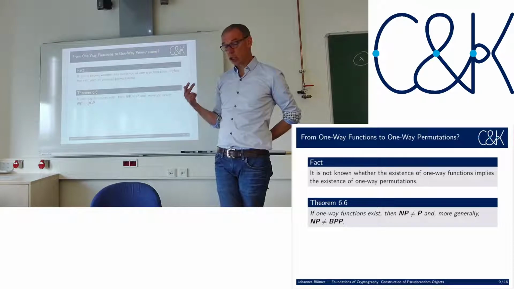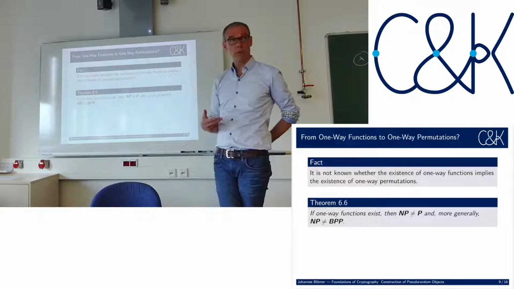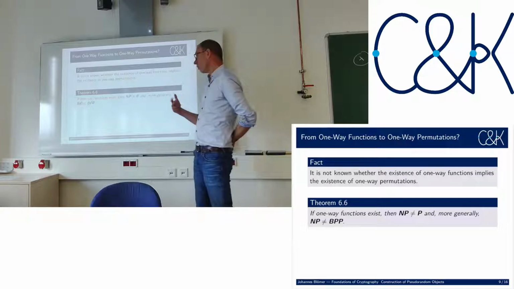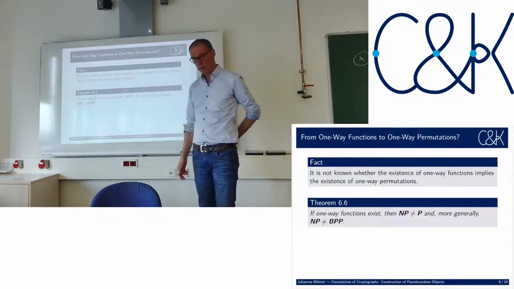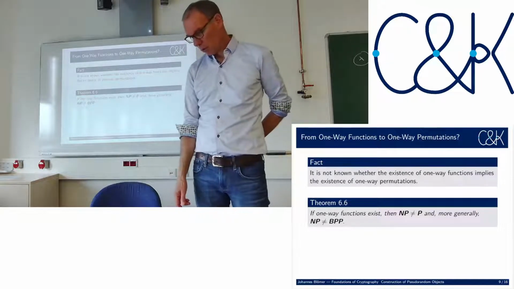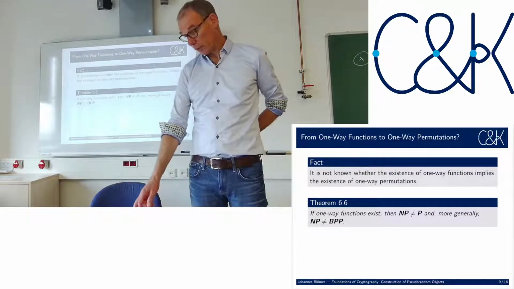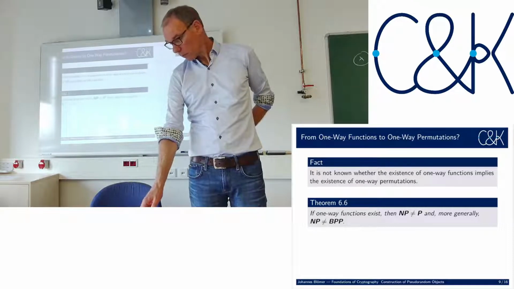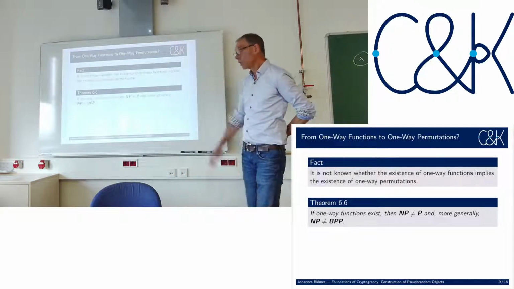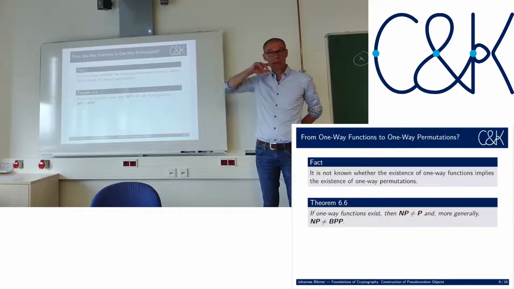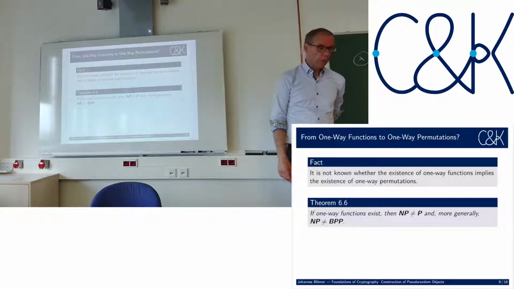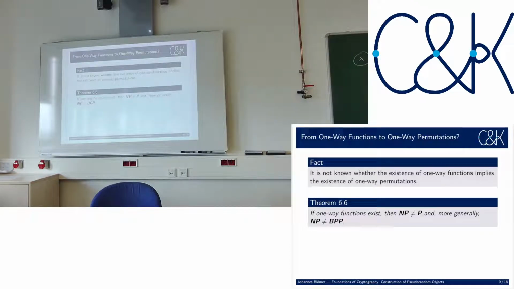But this at least shows that assuming the existence of one-way functions is a strong assumption, but also a very reasonable assumption. Many indications are there that one-way functions do exist, and currently think that they might be one-way functions.